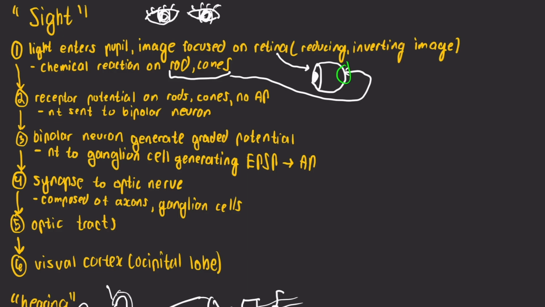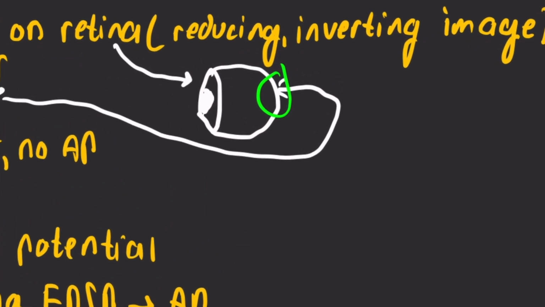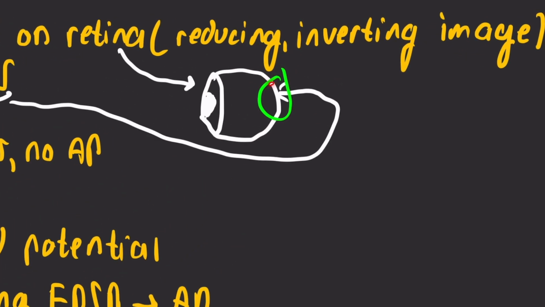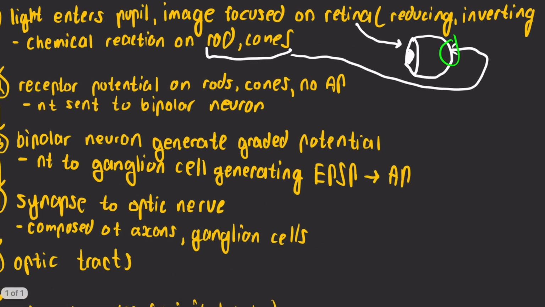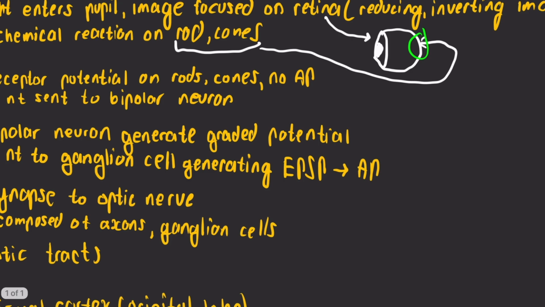However, there will be no action potential. Then, neurotransmitters from these rods and cones, so again, this is our eyeball, and if you zoom in, we have these rods and cones there. They will send neurotransmitters to a bipolar neuron.